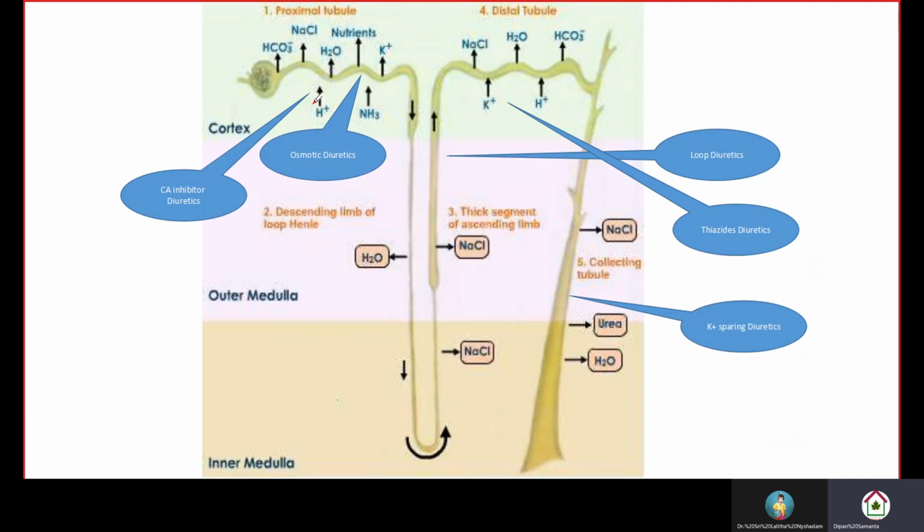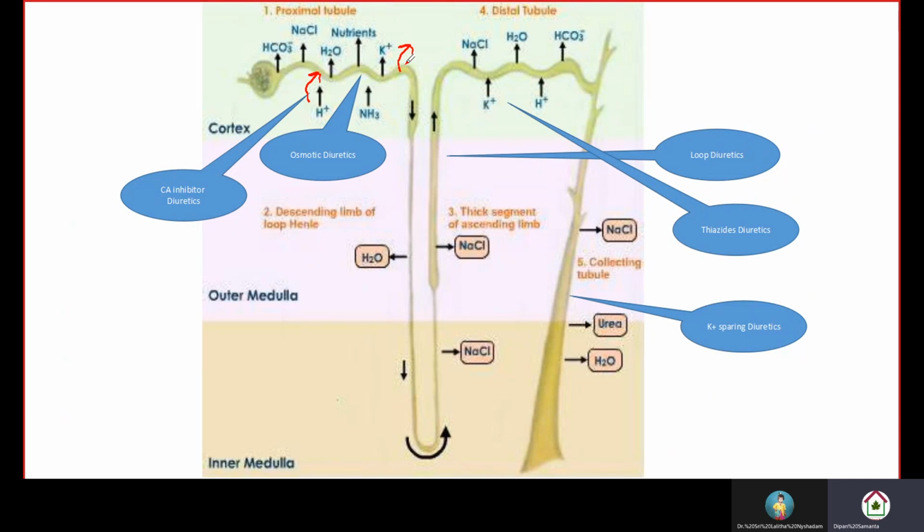some substances are secreted into the tubule and some substances are reabsorbed from the tubule. So whatever substances, or the amount of substances, that are secreted into the tubule will be excreted through urine. Okay, in this way the kidney balances the amount of substances by secretion and reabsorption.